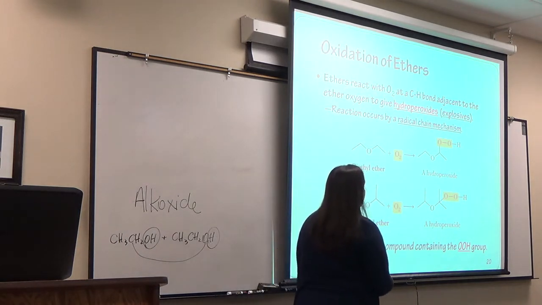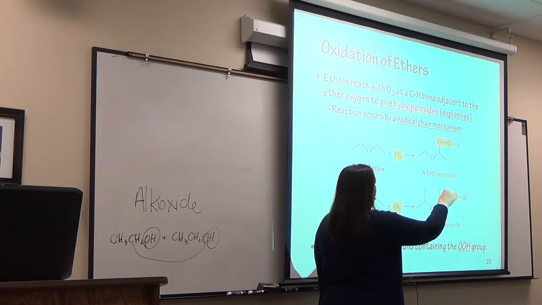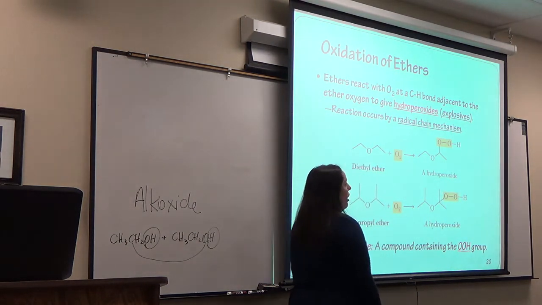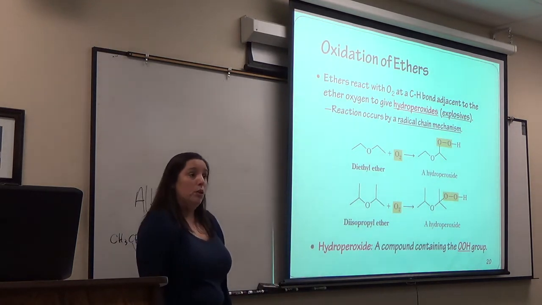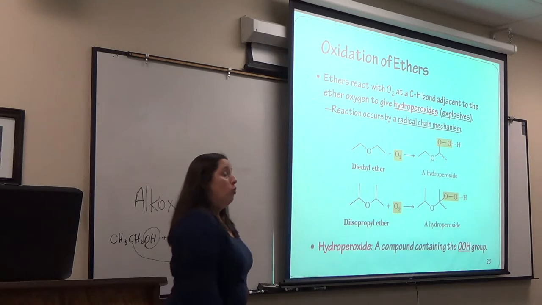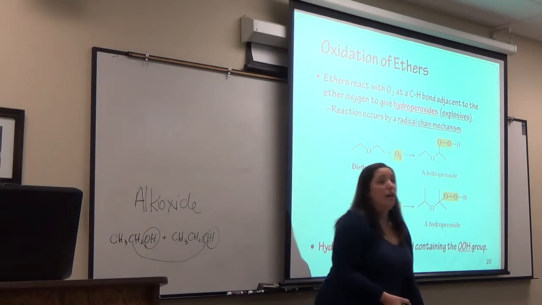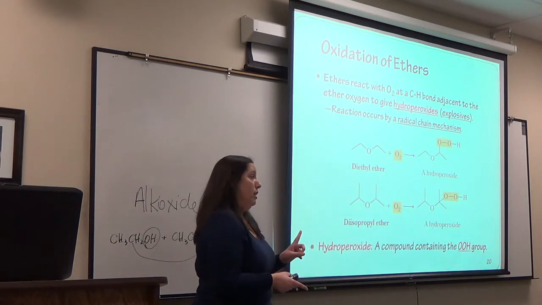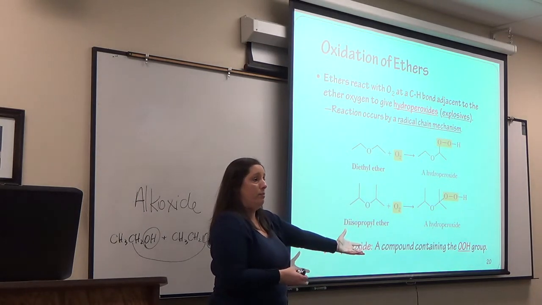And what you get is what we call hydroperoxides. So you see the OOH. That's a hydroperoxide, and that is considered an explosive. So when we have a bottle of ether in the lab, for instance, once we open it, we have 1 year to use it. If we don't use it within a year, we actually have to dispose of it properly.